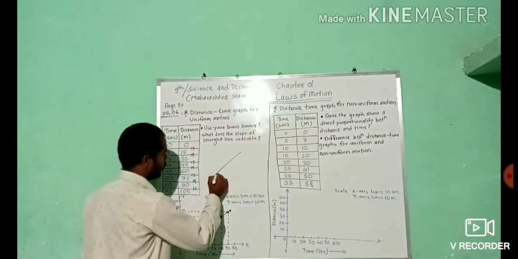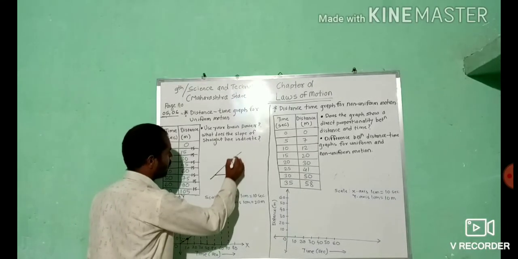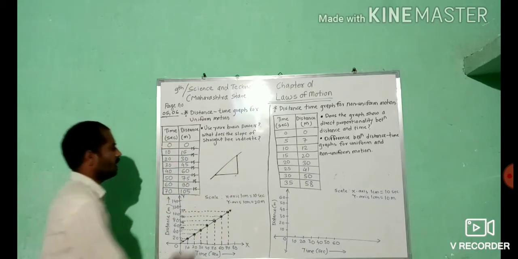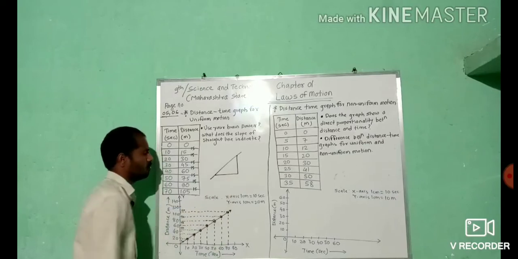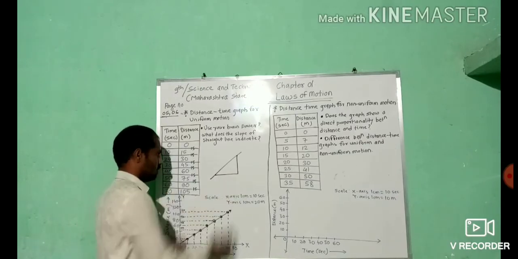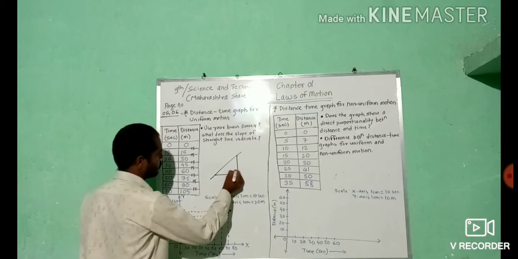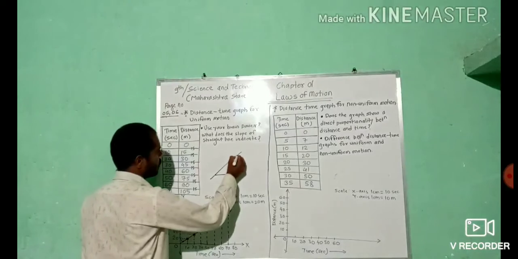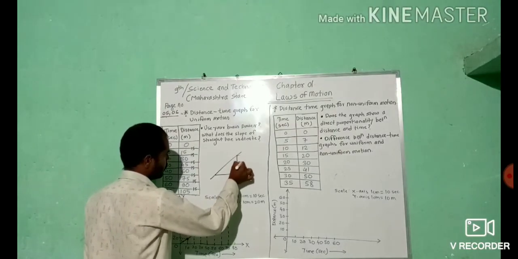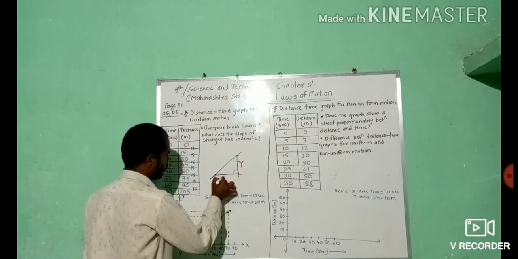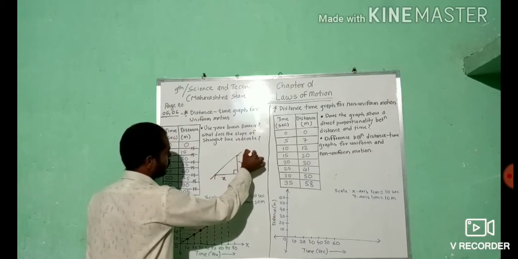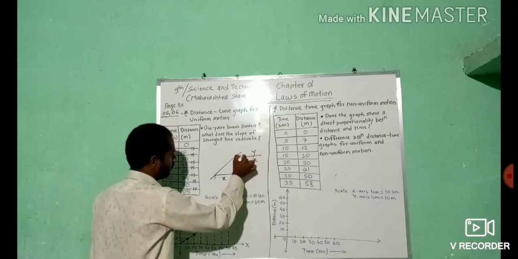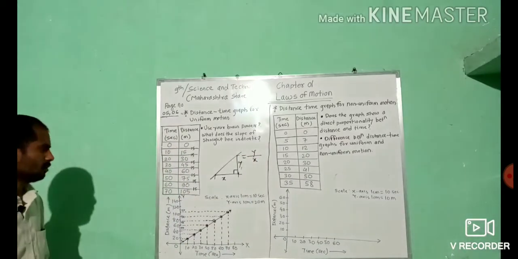It means if you connect any two points of that graph on the straight line, and by joining those two points like this, you will get a right angle triangle there. So the slope is nothing but the ratio of the y value and the x value.